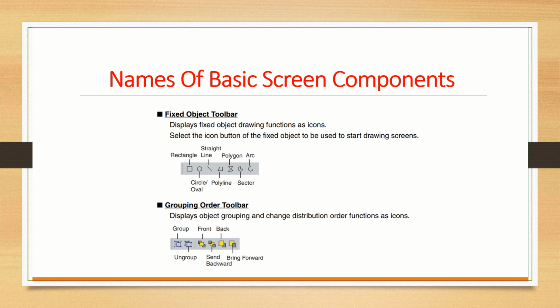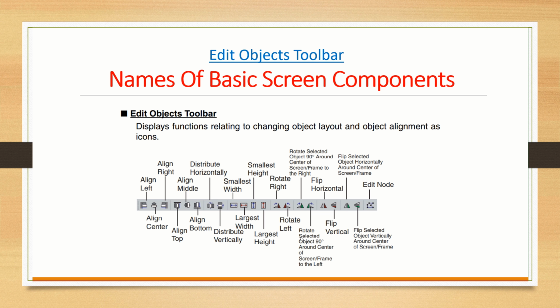The fixed object toolbar displays the fixed object drawing functions, while the grouping order toolbar displays the object grouping and the change in the distribution order function. For editing, we have the Edit Objects toolbars.